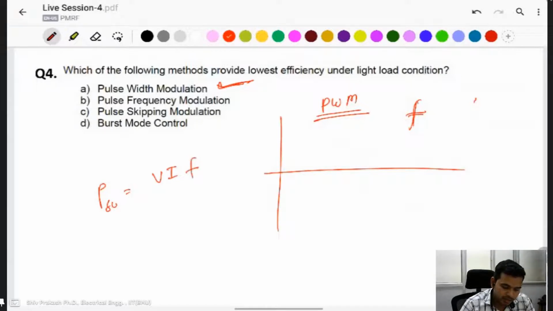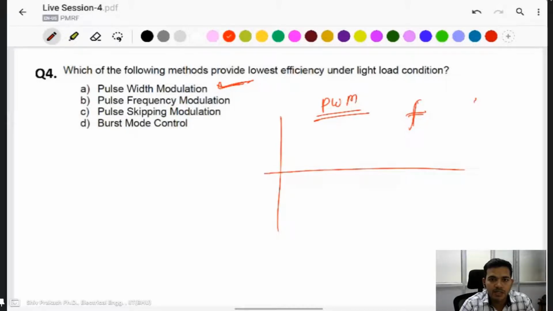The switching loss is directly dependent on the frequency, that's why the frequency is fixed in pulse width modulation. If the load is light, the losses are the same for light load and heavy load also.